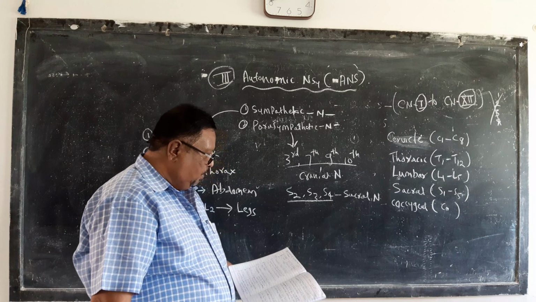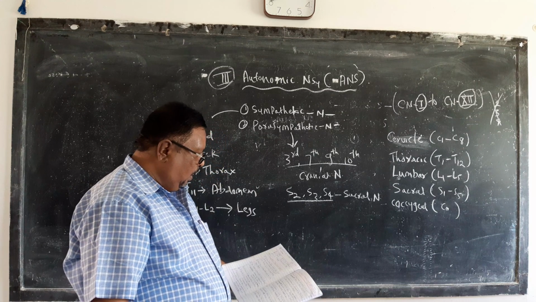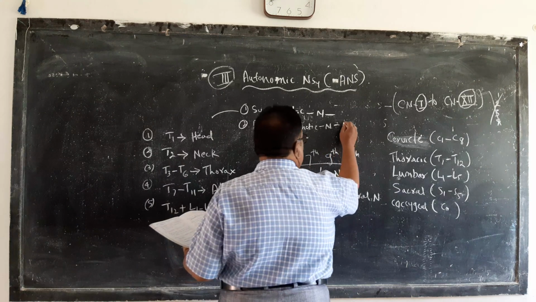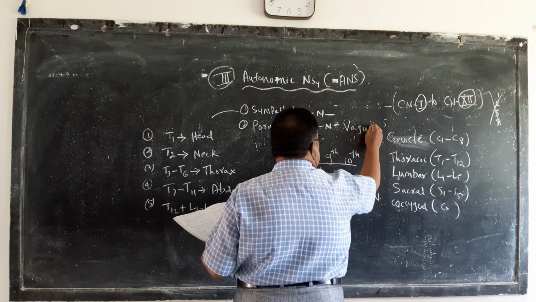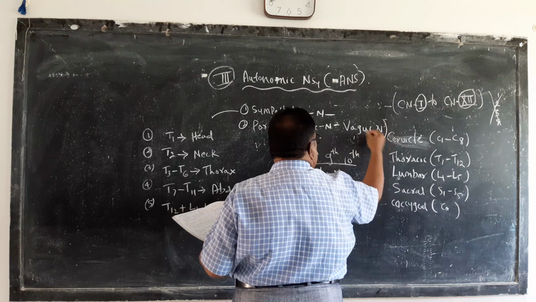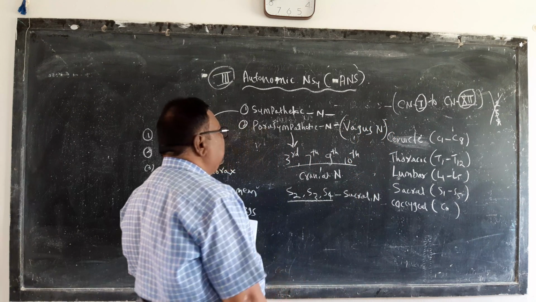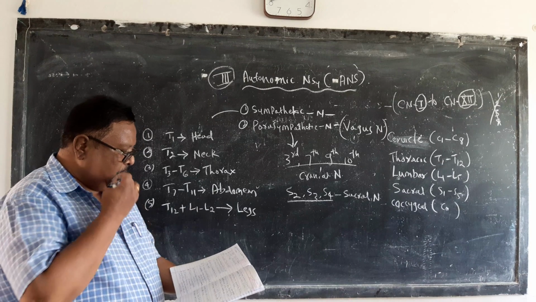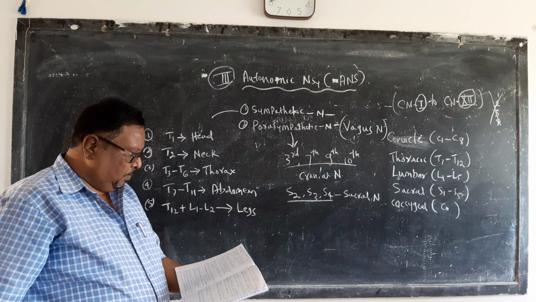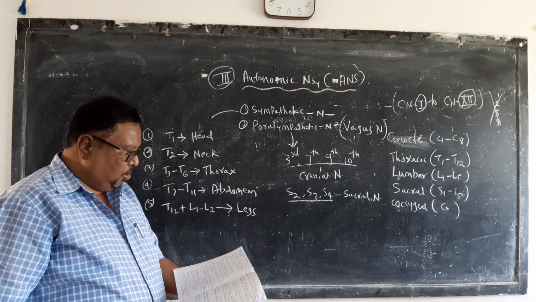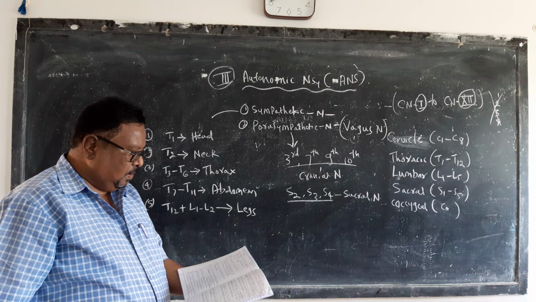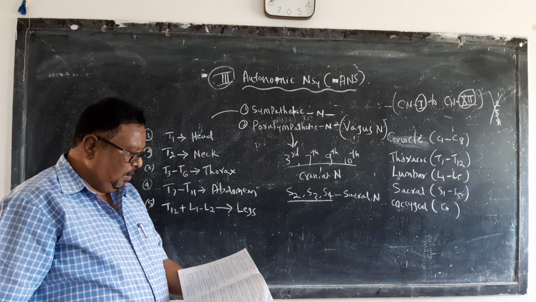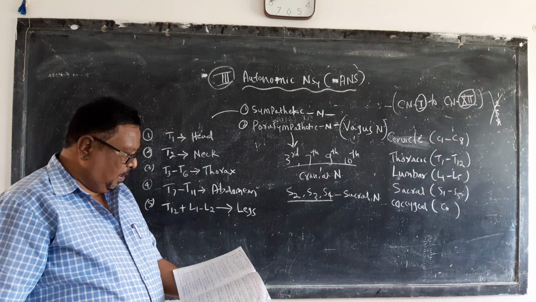About 75% of all parasympathetic nerves are in the vagus nerves. The main parasympathetic nerve is the vagus. The distribution of parasympathetic nerve is as follows. The vagus nerve distributes to heart, lungs, esophagus, stomach, small and large intestine, liver, gallbladder and pancreas.